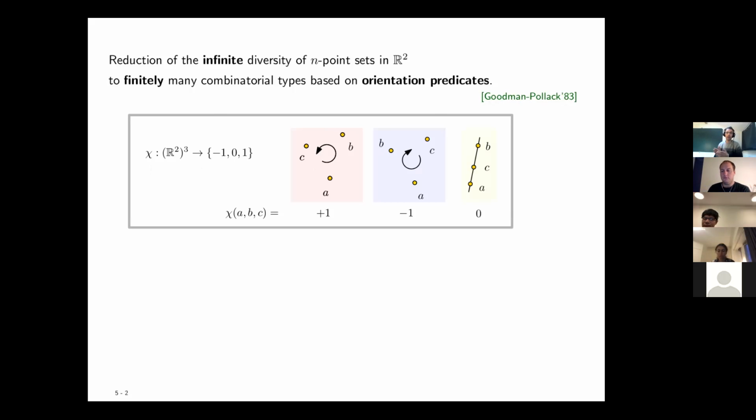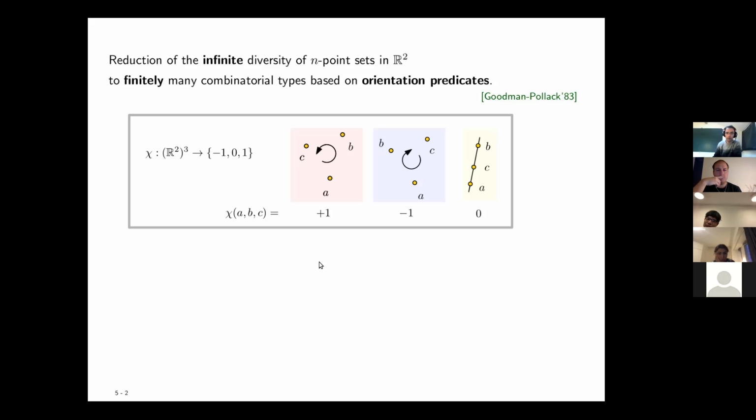One way to think about it is if you are standing in A and looking along the line from A to B, does C stand on the left side, in which case the value is 1, the right side, in which case the value is -1, or on the line, in which case the value is 0.